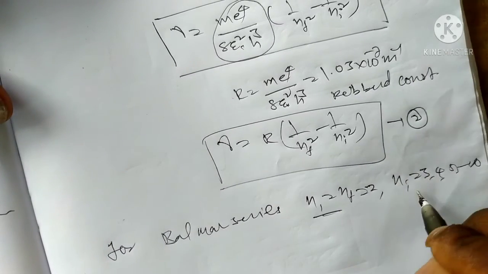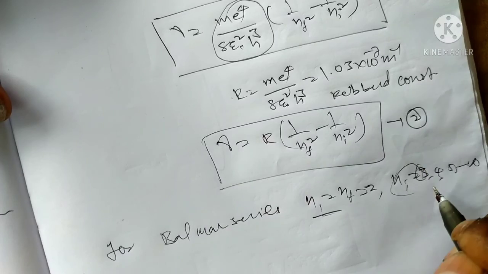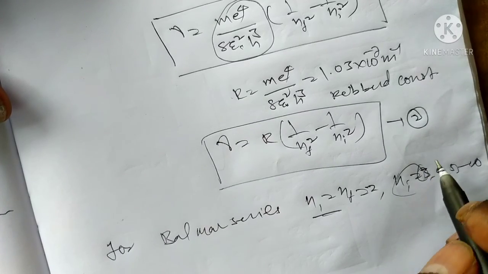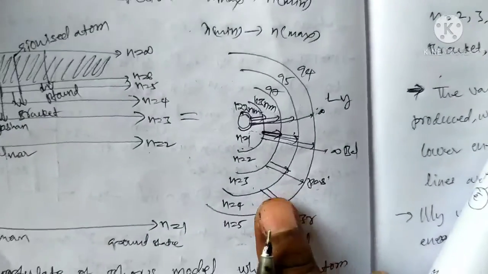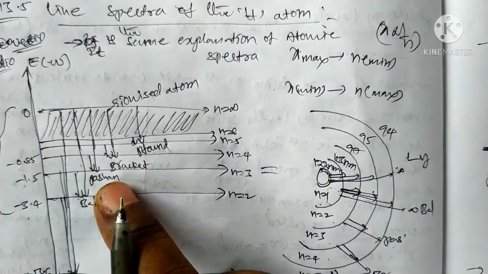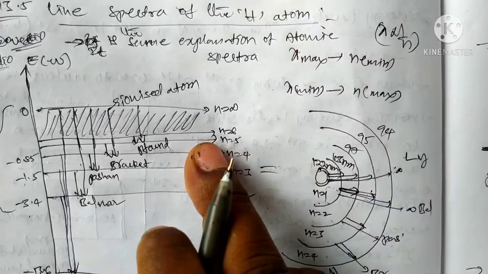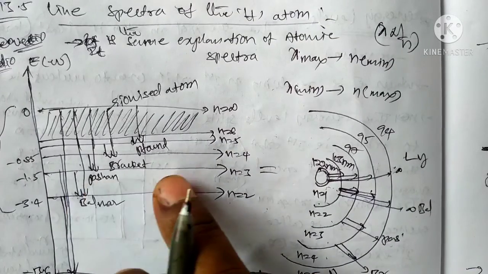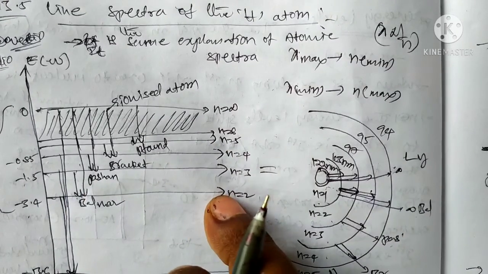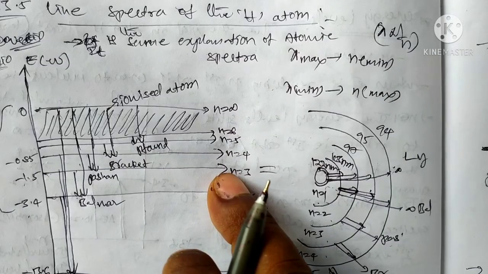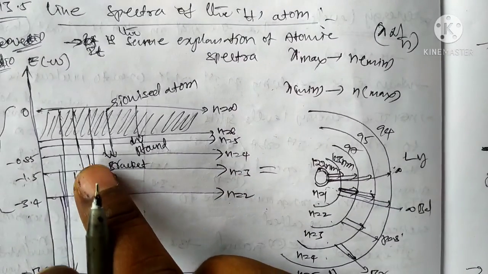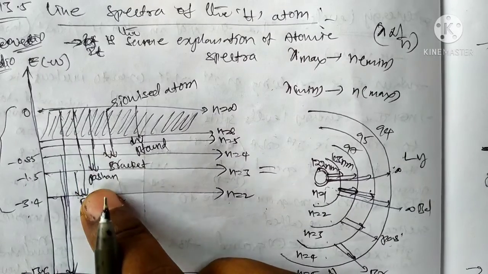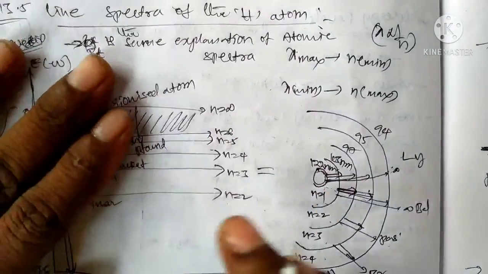It is the initial state, and the final state is 2. You know there is the Balmer series. In the Balmer series, transitions start from the third state to n is equal to 2: 3 to 2, 4 to 2, 5 to 2. There is a Balmer series like this.